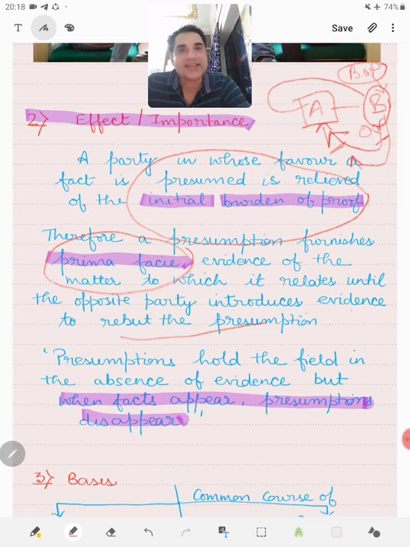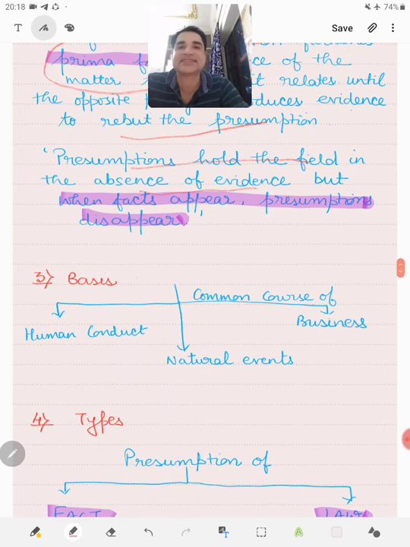However, when the other party gives evidence in his favor, then certainly the onus of proof shifts back to party A. So it is said that presumption holds the field in absence of evidence, but when facts appear, presumptions disappear. Friends, they may ask a short note on this, that when facts appear, presumptions disappear. So you can explain what presumption is, what the effect of presumption is, and how the initial burden of proof or onus of proof shifts.